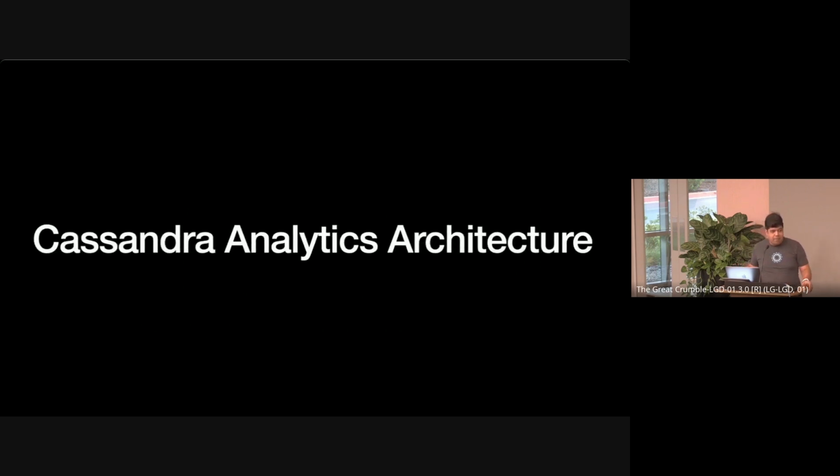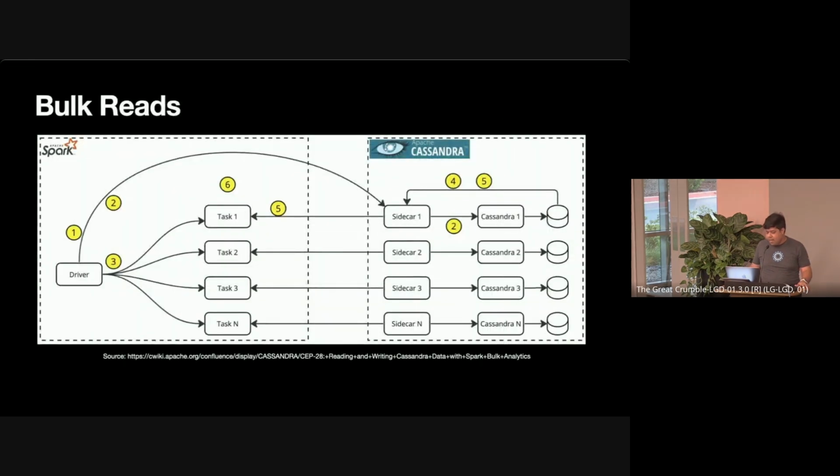Let's deep dive a little bit into the architecture of what is happening. I described a bunch of things. This is part of the CEP-28 that was accepted in the community, and it describes the overall architecture of how the system works. Here, on the right hand side, you have the Cassandra cluster, and on the left hand side you have Spark.